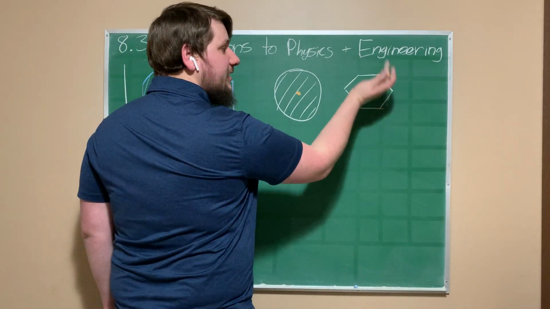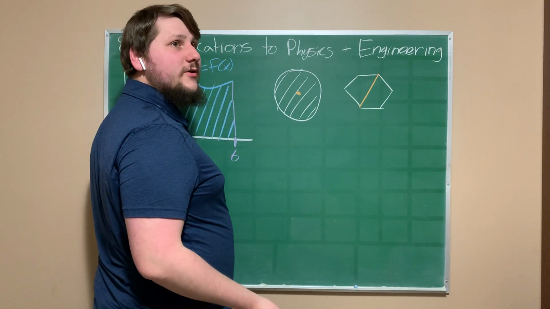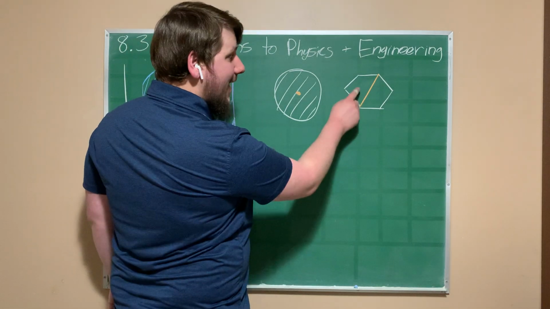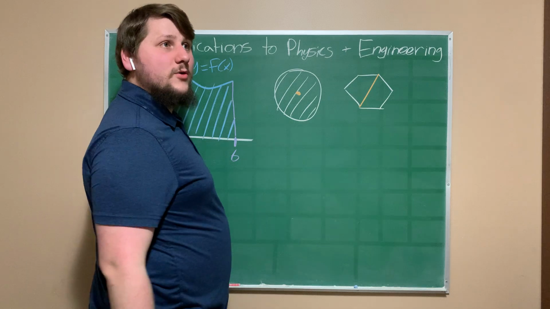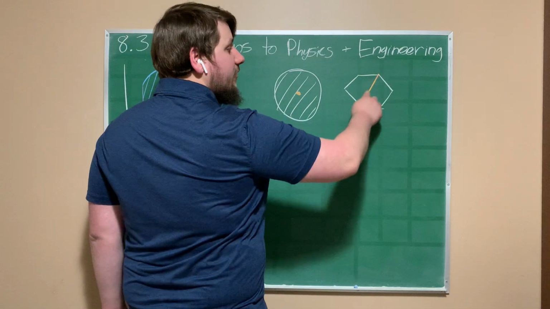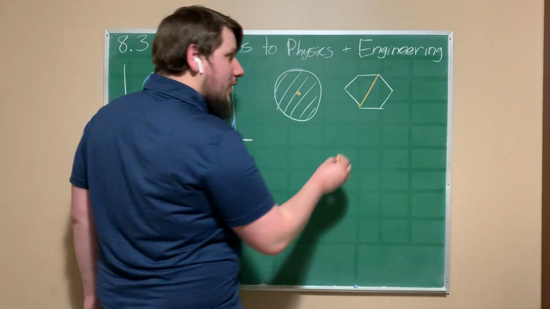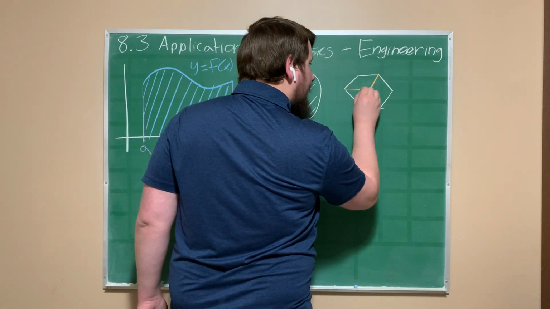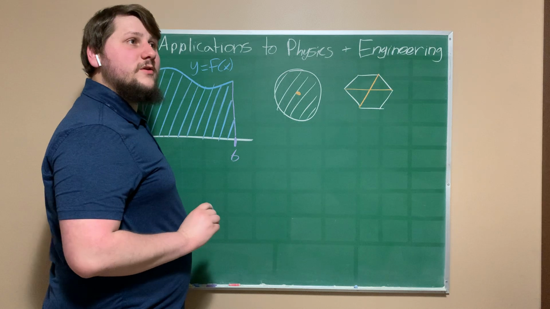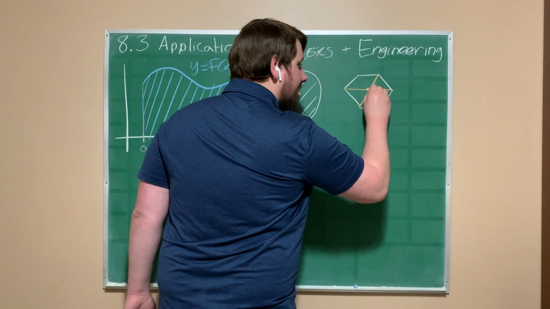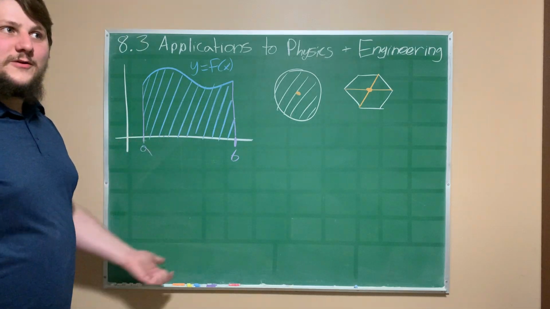The left side and the right side here are exact copies of one another. So if the density is the same everywhere, then the mass on the left and the right will be the same, meaning that the center of mass must be somewhere on this line. That same thing is true, however, if I divide the thing up this way. So the center of mass must be on each one of these lines, therefore the center of mass has to be right here. Again, the center of the figure.